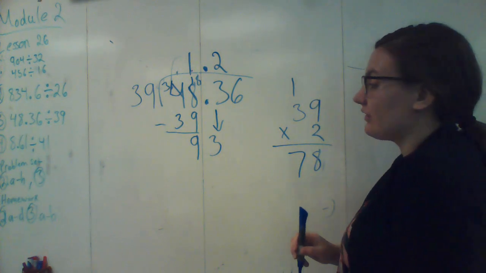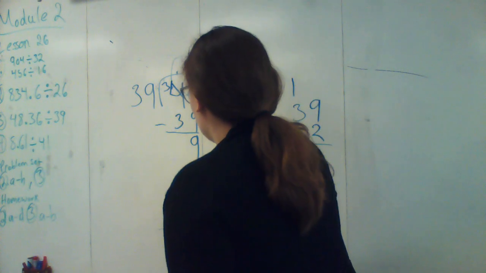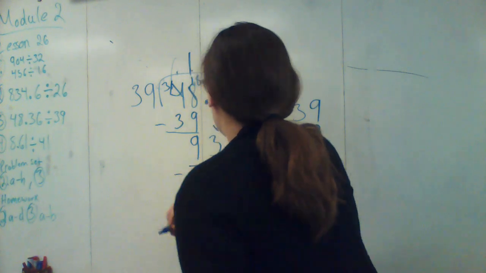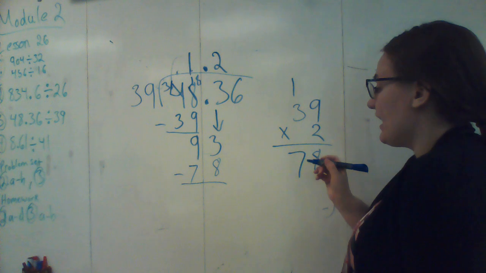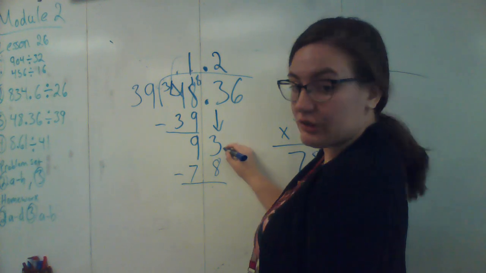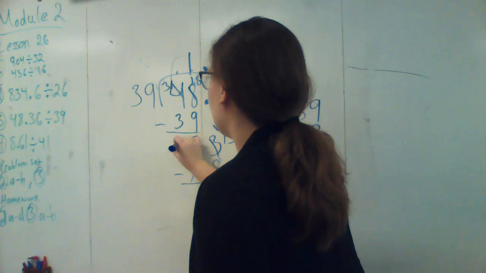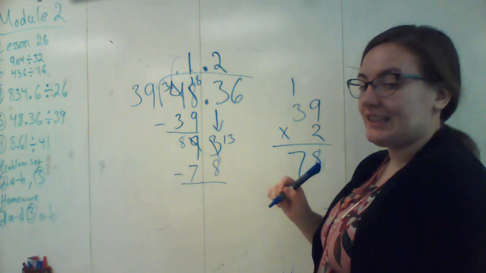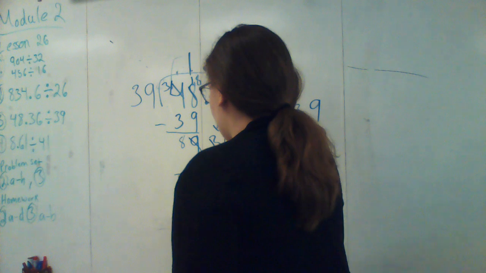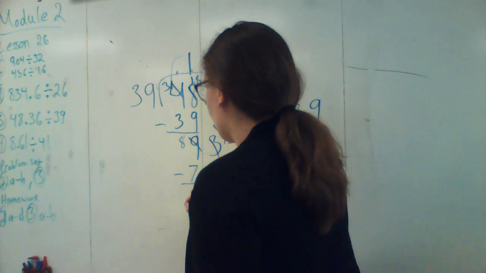And that works perfect for me. So I'm going to go ahead and do 93 minus 78. I can't do 3 minus 8, so that becomes a 13, and that becomes an 8. 13 minus 8 is 5, and 8 minus 7 is 1.